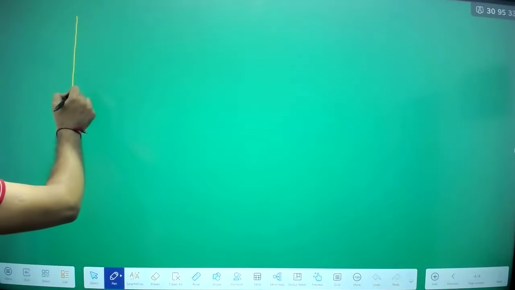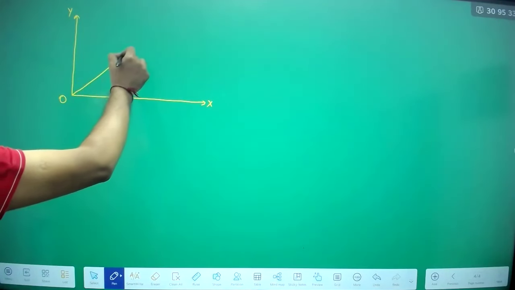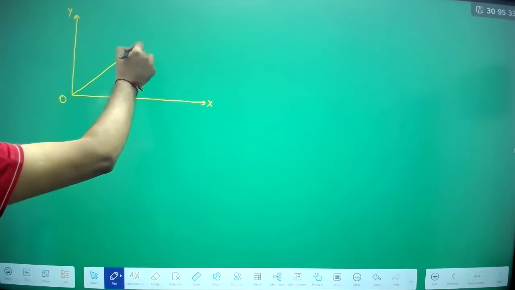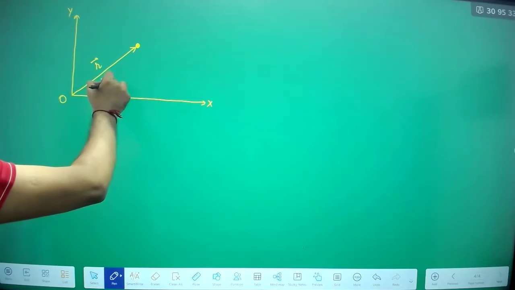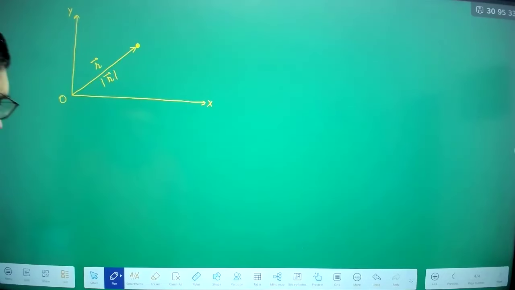Next. Now suppose this is the x-axis, this is the y-axis, and this is the origin. Here, the position of the particle is represented by this position vector R. Its magnitude is this R. Now, ठीक है?